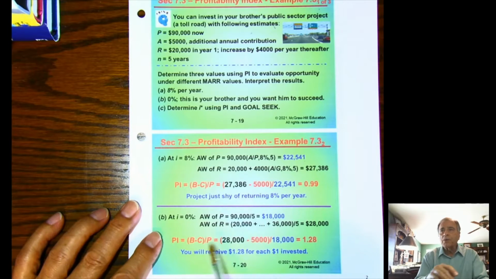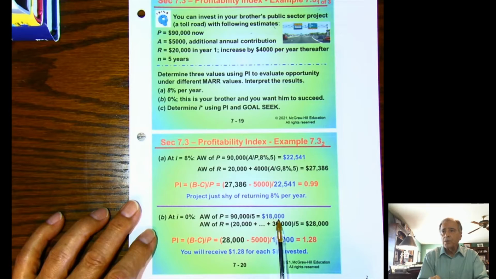It would just spread the 90,000 evenly at 1/5 a year. So it'd be 1/5 of 90,000, which is 18,000. And that's going to be your denominator, okay, of the annual worth equation.